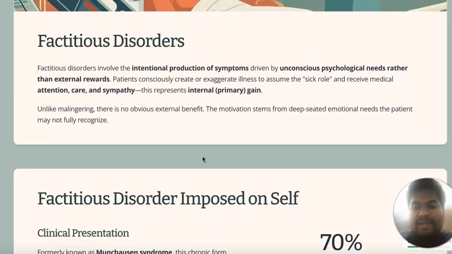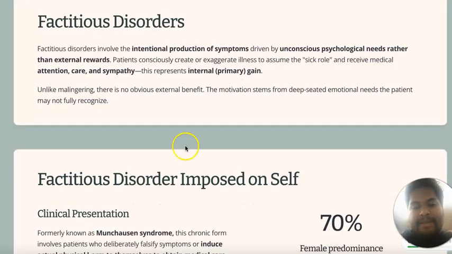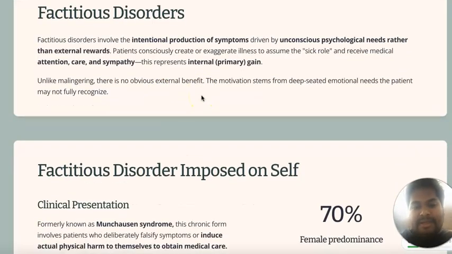So the primary gain is the internal gain, not monetary or financial or something like that. It's the internal gain or psychological attention, care, and sympathy. If to gain that, the person intentionally produces some symptoms, then that's factitious disorder. Okay, there is no obvious external benefit, as I said earlier.